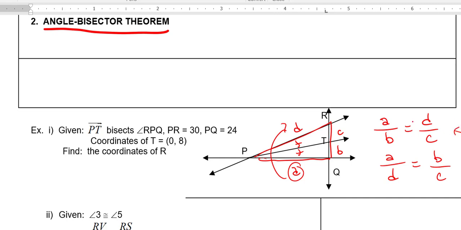All I did was switch these two guys and I got these. Okay, so that's the pattern.